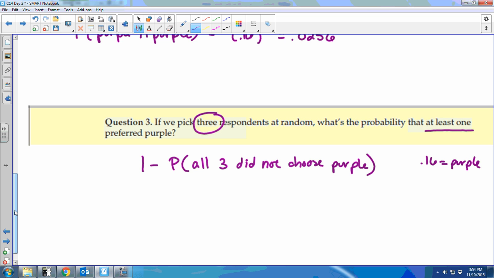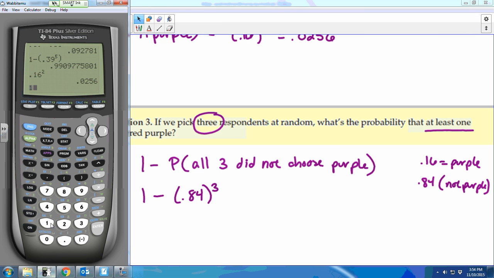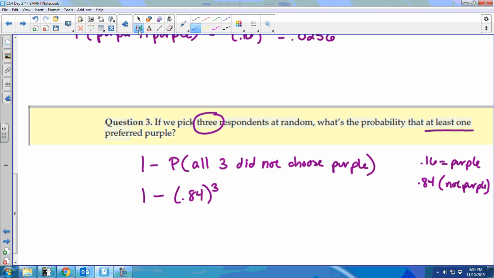And the probability of not choosing purple is 0.84. So we have 1 minus all 3 not choosing purple. We get 0.4073.